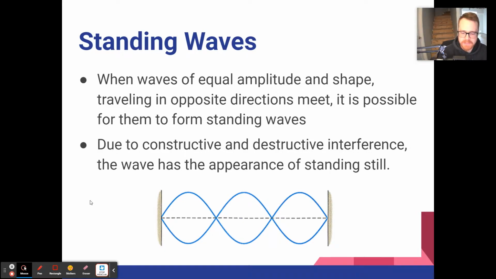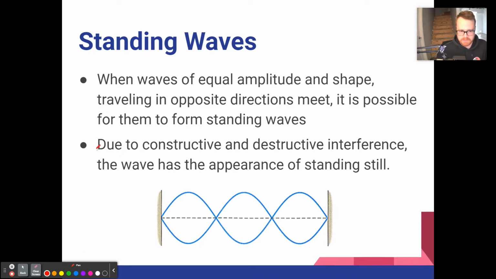When you send energy down the slinky, the string, or whatever your medium is on a fixed end, it doesn't just go away when you keep adding energy. It's going to reflect, hit your hand, and continue to reflect back and forth, back and forth. You could say it reaches a point of equilibrium, and at that point you make these standing waves, and they look like this.